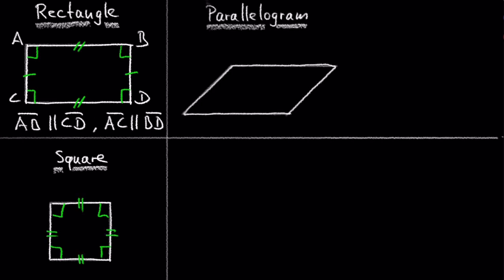The opposite sides of a parallelogram are also parallel, like in a rectangle. But a parallelogram does not have four right angles, like a rectangle.